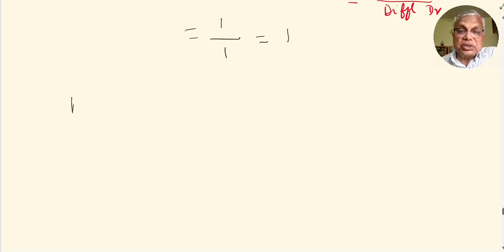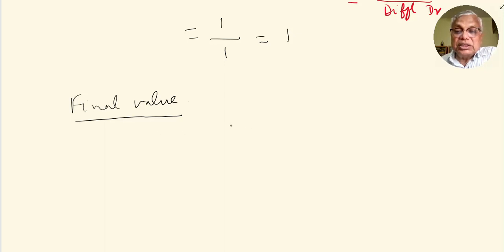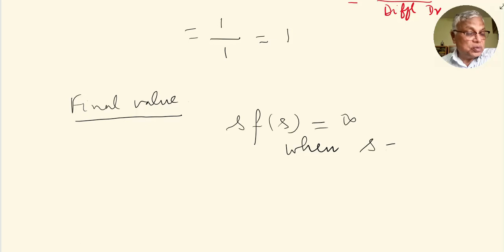So let us find out the final value. For finding out the final value, to use the final value theorem, what we find here is this function, s into F of s, becomes equal to infinity when s equal to 1, right?